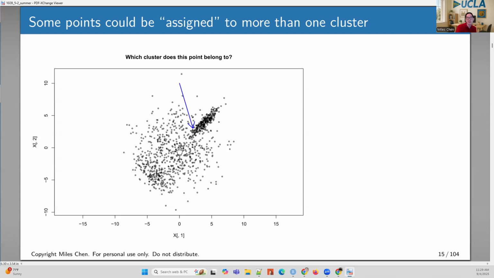And so rather than doing a hard assignment like with k-means clustering, where we just say this belongs to the cluster whose centroid is the closest, maybe we can give a probabilistic assignment. We could say a point right there at the tip of that blue arrow is maybe 50% cluster one and 50% cluster two.